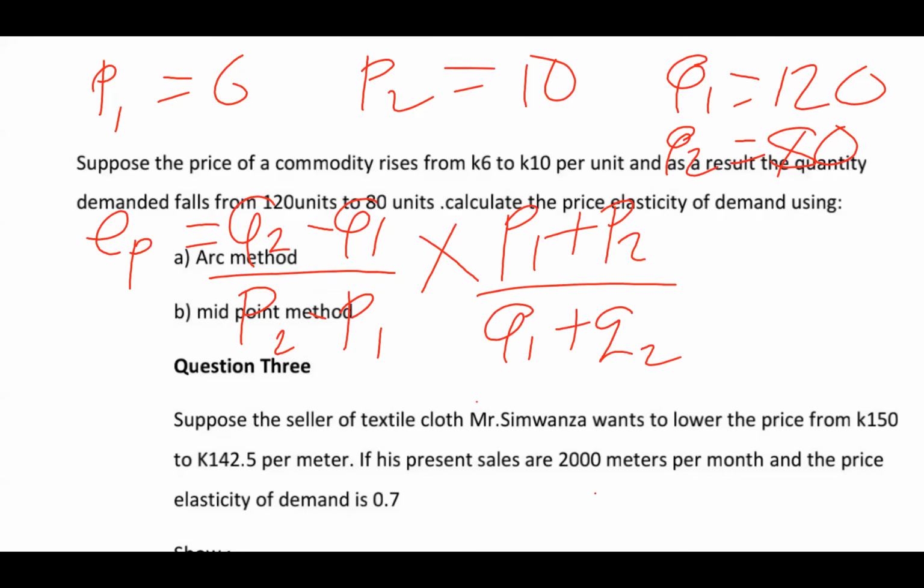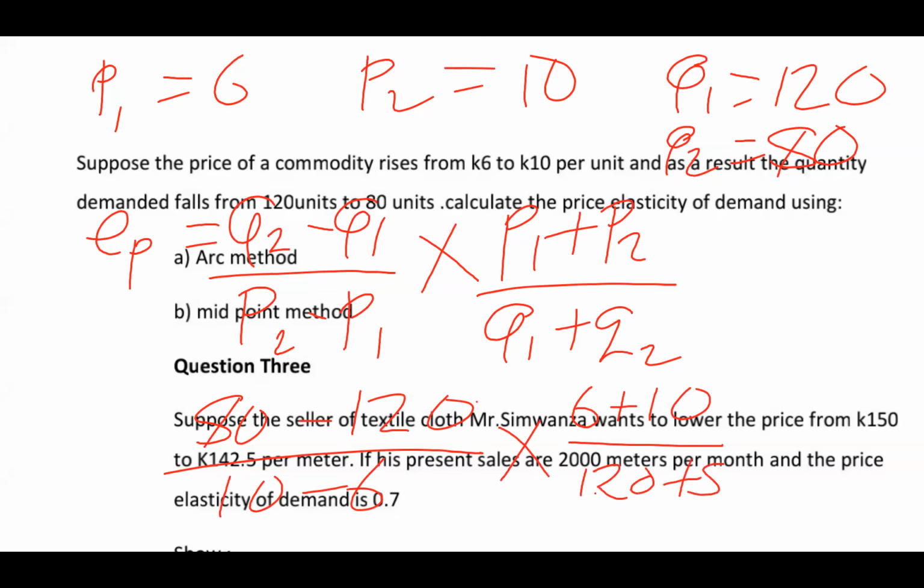Remember that this is the formula that we gave to you on the arc method. So Q2 is 80. 80 minus 120 over the price, 10 minus 6, multiplied by 6 plus 10, those are price 1 plus price 2, over 120 plus 80.